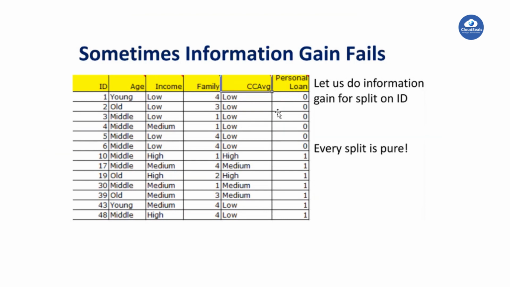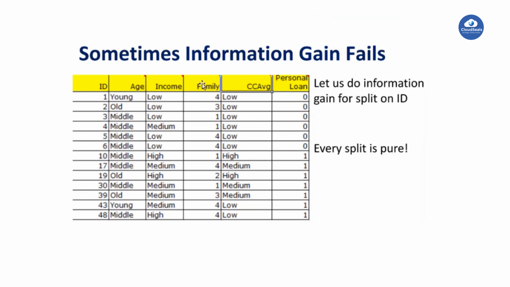For family 1 with CCAvg high or medium, that is class 1. So by using the family 1 attribute alone, we can't split personal loan 0 and 1, but by using these two splits, we are able to split whether it is personal loan 0 or 1. Yes, guys, I hope you can understand this.